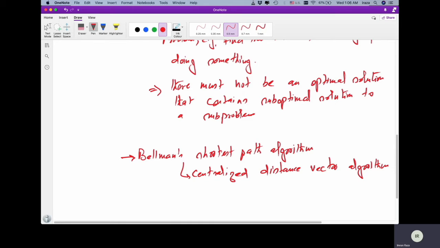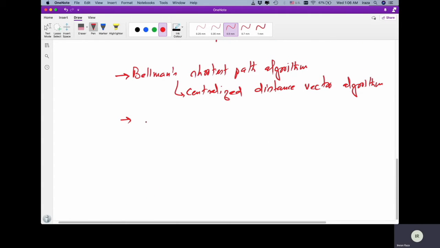Then later on, Fulkerson in 1962 modified the centralized algorithm proposed by Bellman to propose a distributed version.